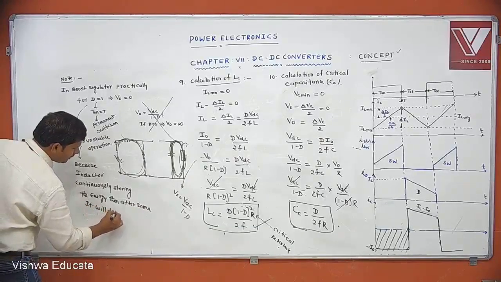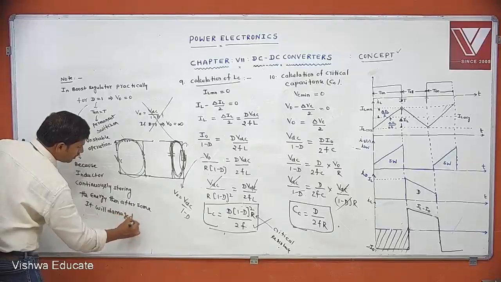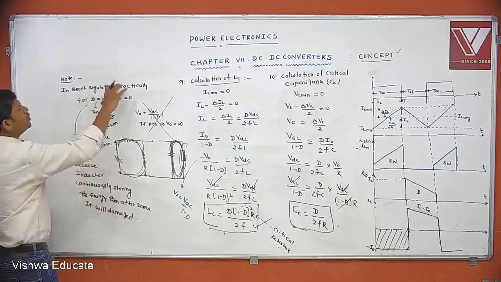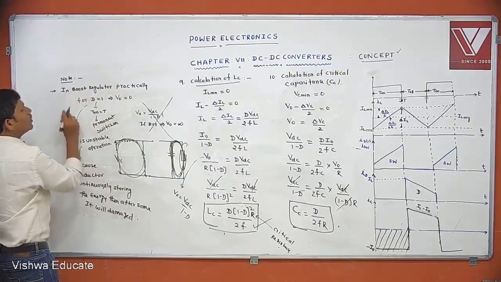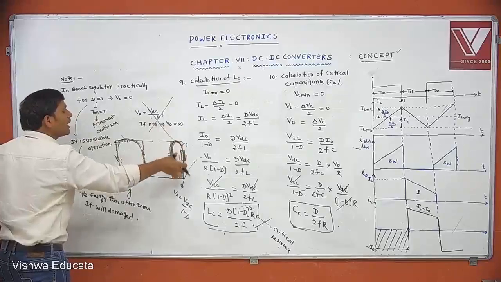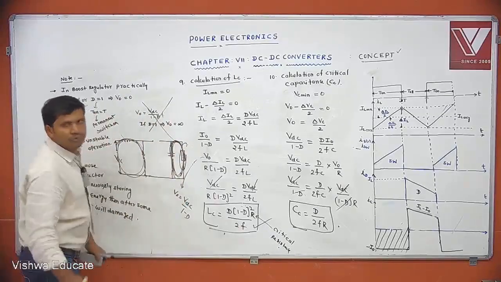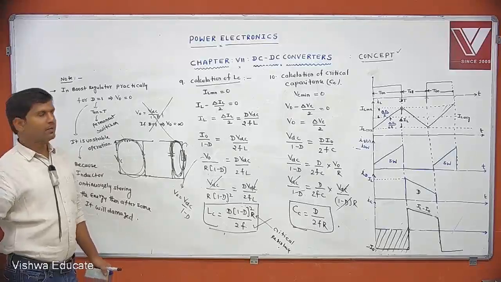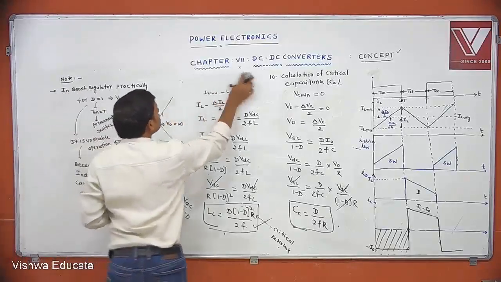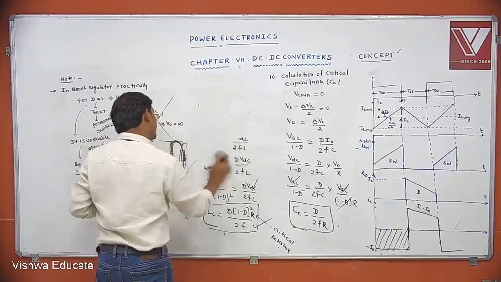That's the reason why it is unstable operation. For D equal to 1 in a boost regulator, the average output voltage is not infinity. Practically it is 0 because the capacitor acts as a short circuit. Clear? Okay. Now this is what exactly the boost regulator is for continuous mode.